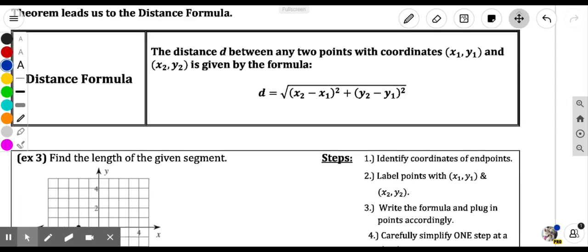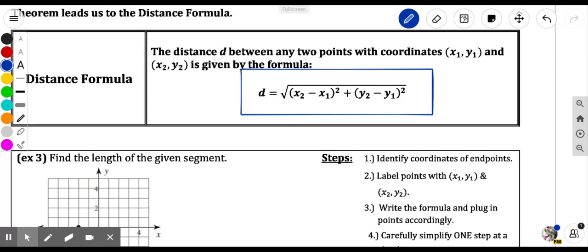So here's the formula right here. There's a big square root symbol, and then underneath we have x2 minus x1 squared plus y2 minus y1 squared. Now what this x2, x1, what all of that is, it's just a label for your ordered pairs.